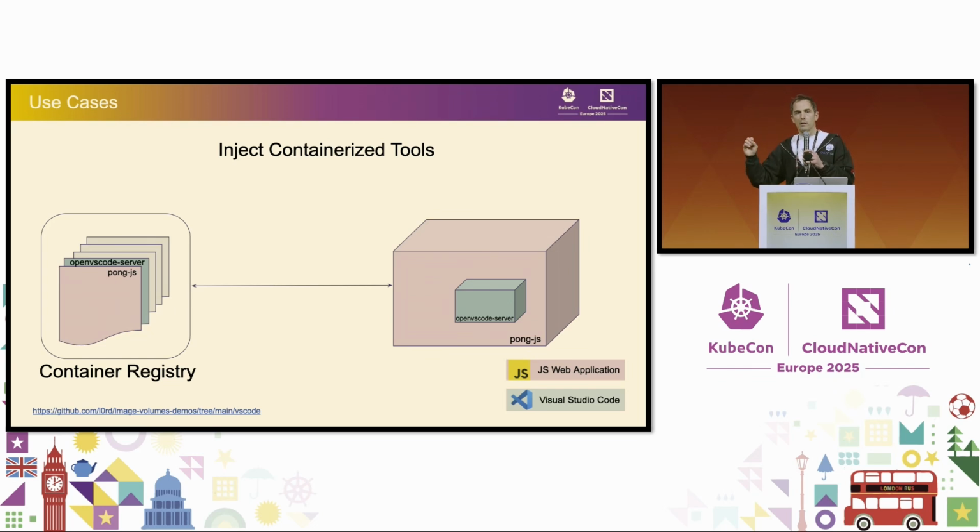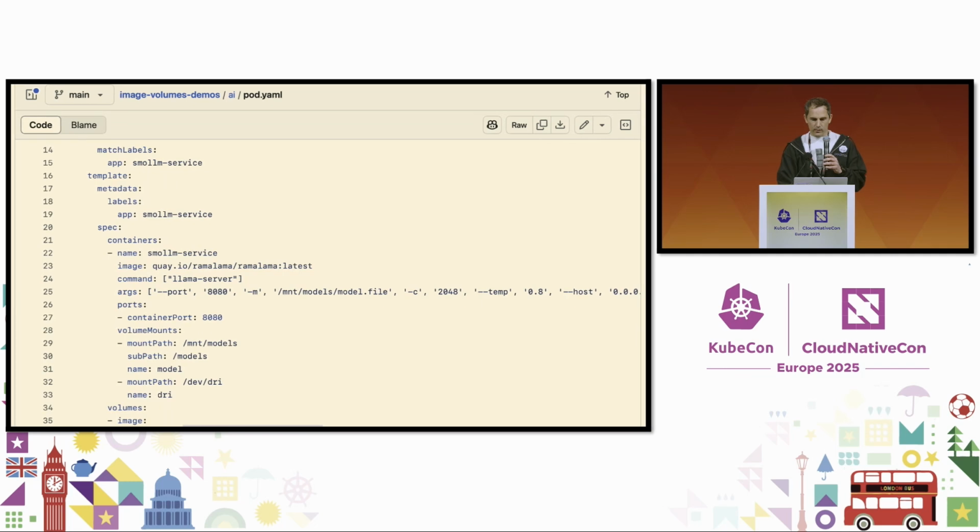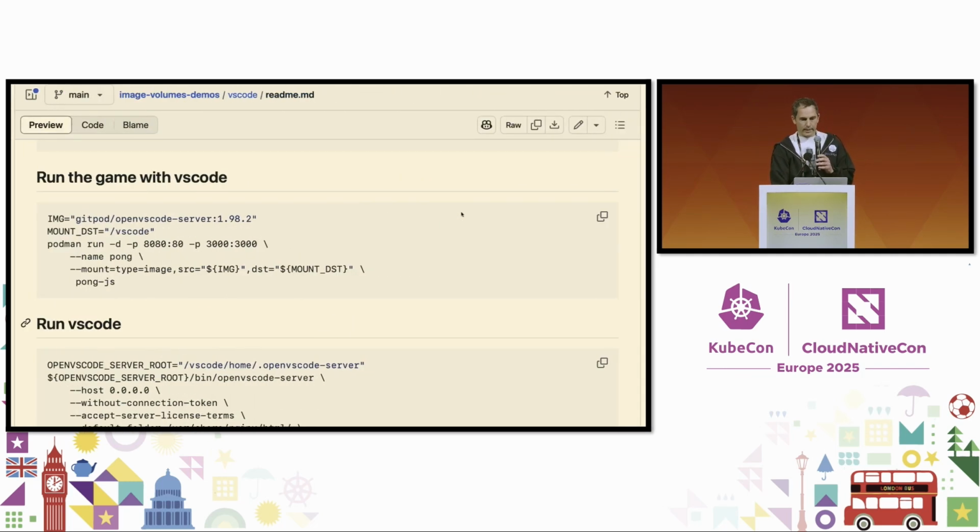If you mount that in the container, you will then be able to start VS Code inside the container, connect to it via the browser, and modify or debug things that are happening inside the container. This is the example code for running it.